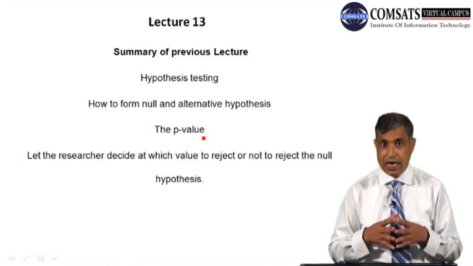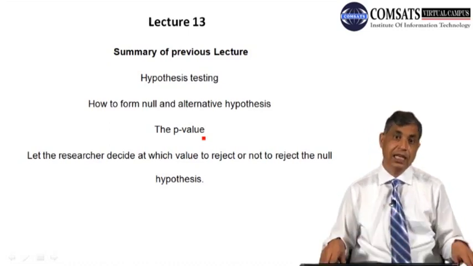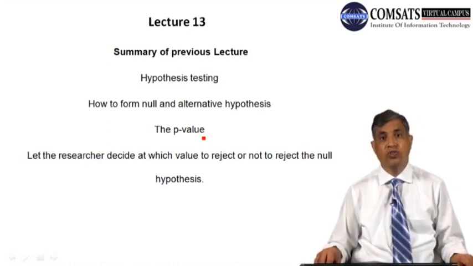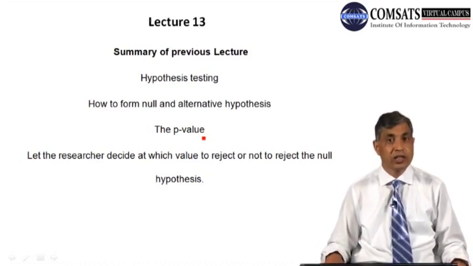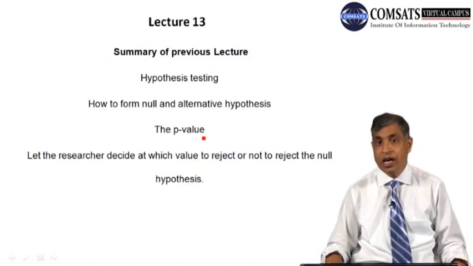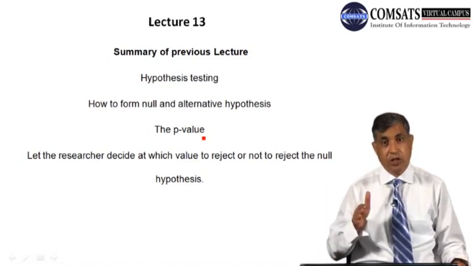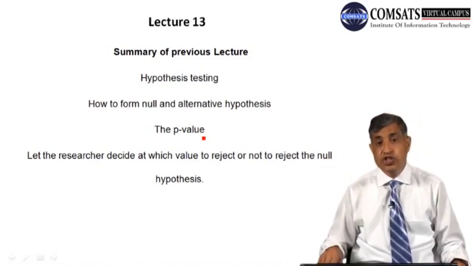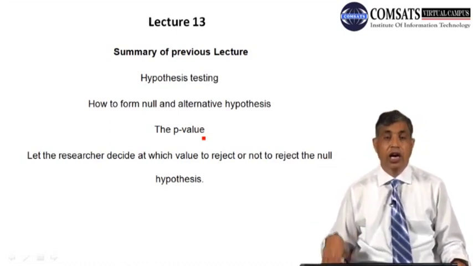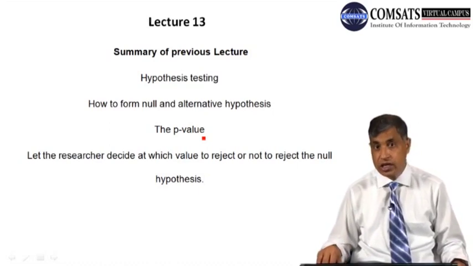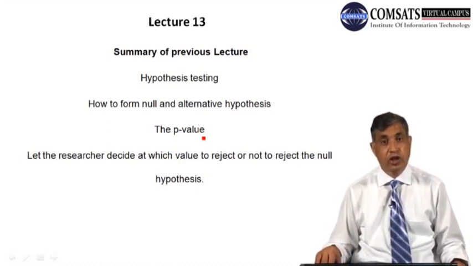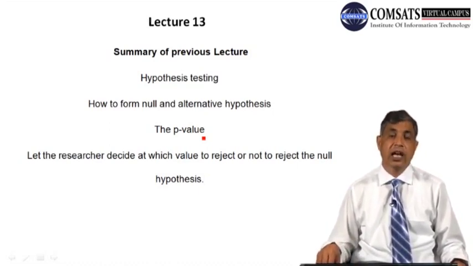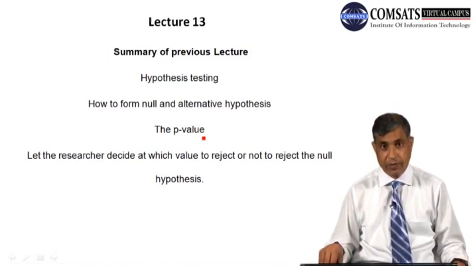The critical situation is how to form the null and the alternate hypothesis. We studied that there is no rule of thumb, but prior expectation, previous knowledge, prior history, or the theoretical background helps the researcher to make the null hypothesis and the alternate hypothesis.